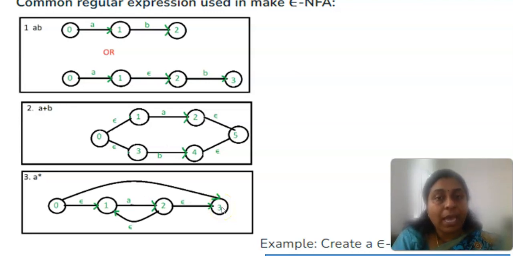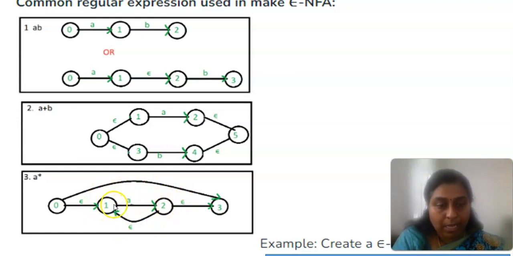Now, what if we have more A's in the string? Say for example, I have 3 A's, or maybe 5 A's, or maybe some series of A's, because we know A star means A repeats 0 or many number of times. So here, for such cases, in epsilon NFA, we include a loop.